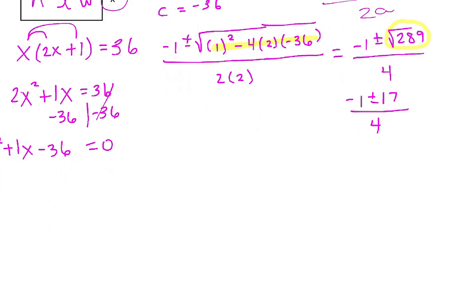Okay, now I'm going to use this to find my two solutions. The first time, I'm going to take -1, add 17, divide by 4. The second time, I'm going to have -1, subtract 17, divide by 4.